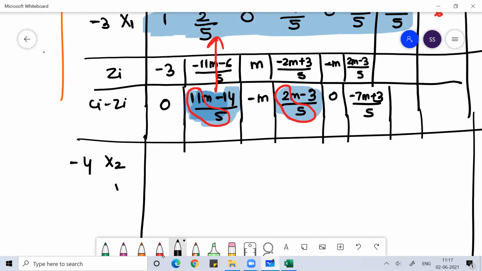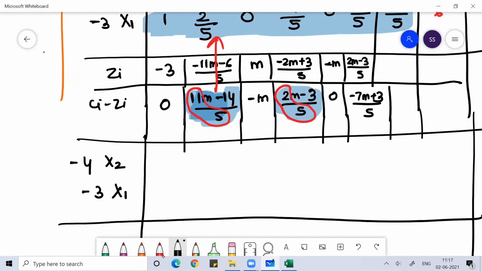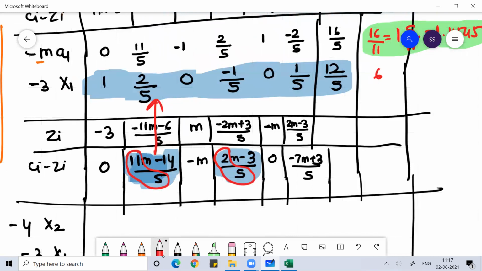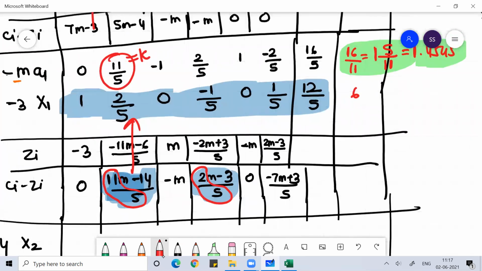And then I have x1 having the coefficient minus 3. What is the pivot element, guys? Your pivot element is 11 by 5. Okay, so divide all the numbers by 11 by 5.